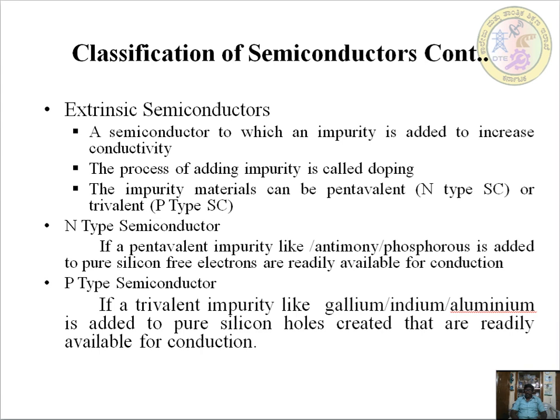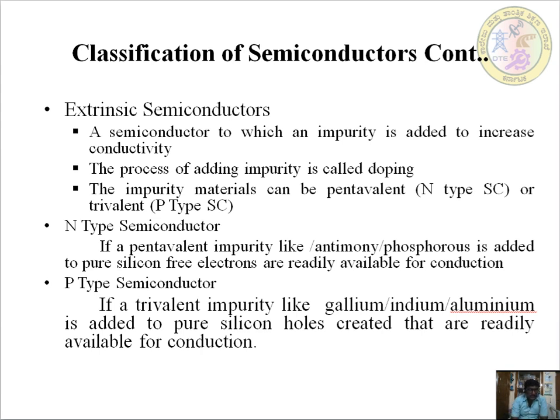Next, the minority carriers in n-type are holes, and in p-type they are electrons, vice versa. Next, in n-type the Fermi level is near the conduction band, and in p-type it is near the valence band.